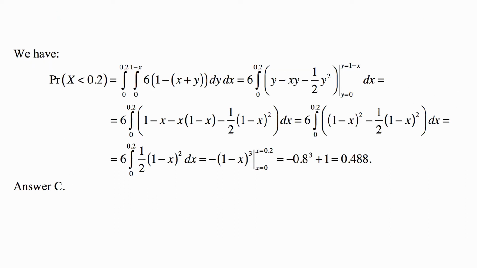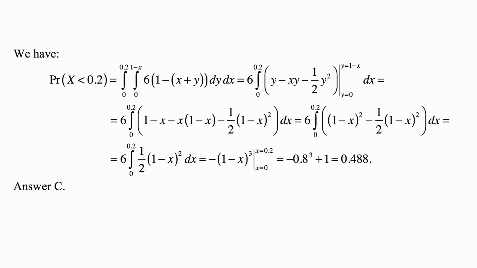And then the probability that x is less than 0.2 is just the double integral over that region where x is less than 0.2 of the joint density. So it's the integral for x running from 0 to 0.2, and then y running from 0 to 1 minus x, because y has to be less than 1 minus x, of the joint density, which is 6 times (1 minus (x plus y)). And then we take the integral with respect to y first, and then with respect to x.